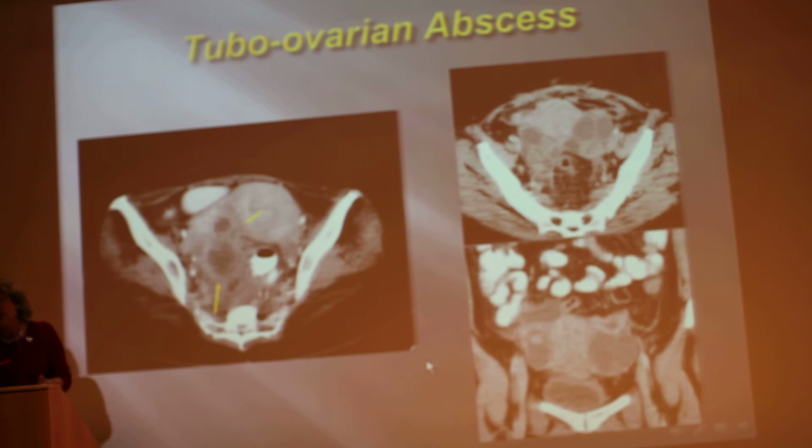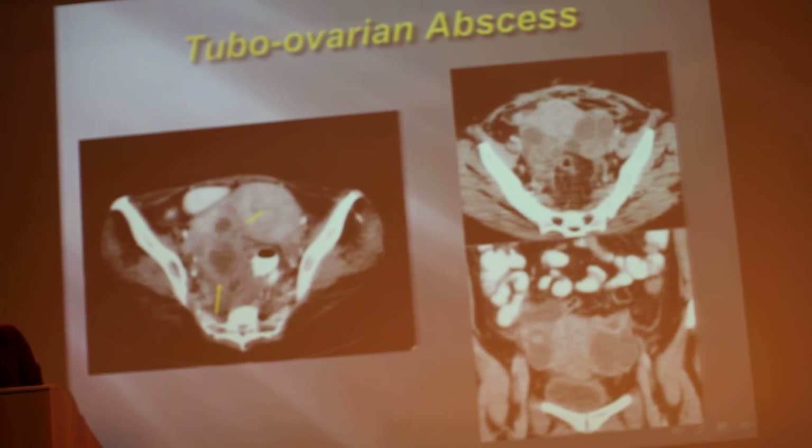And tubo-ovarian abscess looks like an abscess anywhere else in the body, meaning a mass that contains fluid which is thicker than clear fluid, with thick capsules and thick septations.